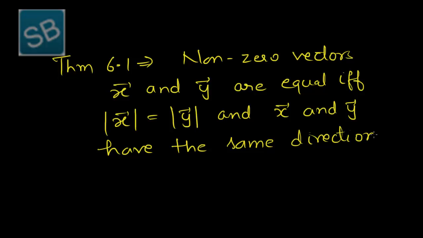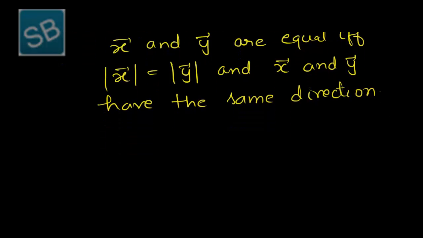That is, if two vectors are in the same direction and their magnitudes are equal, then these two vectors are said to be equal vectors also.